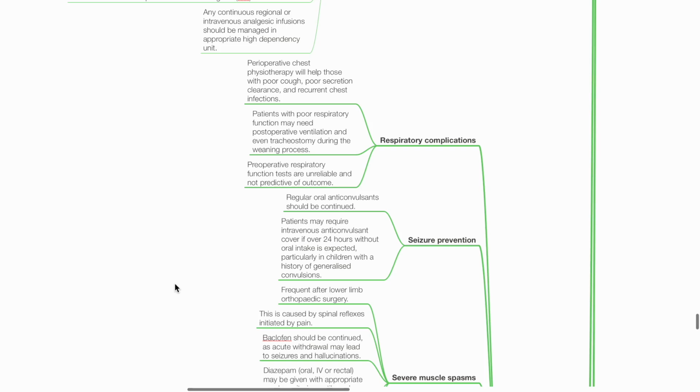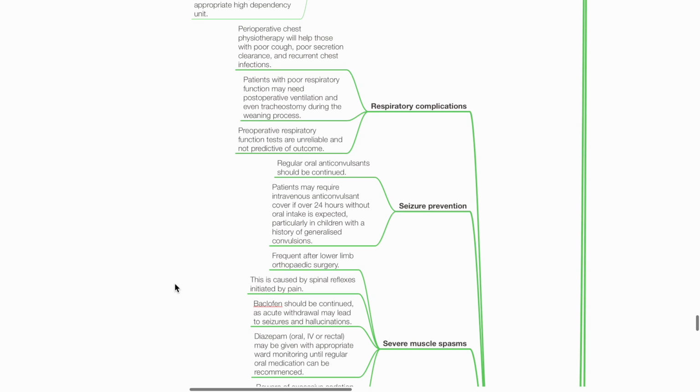Patients with poor respiratory function may need post-op ventilation and even tracheostomy. Pre-op respiratory function tests are unreliable and not predictive of outcome. Regarding seizure prevention, regular anticonvulsants should be continued. The patient may require IV anticonvulsants if oral intake is delayed post-operatively.